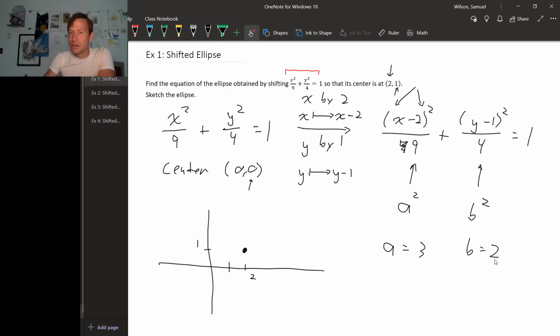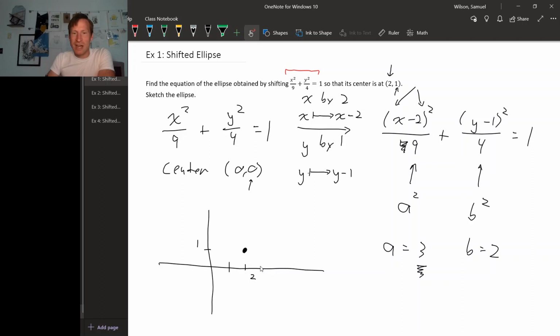So our semi-minor axis is going to be 2, our semi-major axis is going to be 3, and our major axis is in the x direction, so we need to move to the right and to the left 3 to get our vertices. But we're going to move to the right and the left from the center of the ellipse.